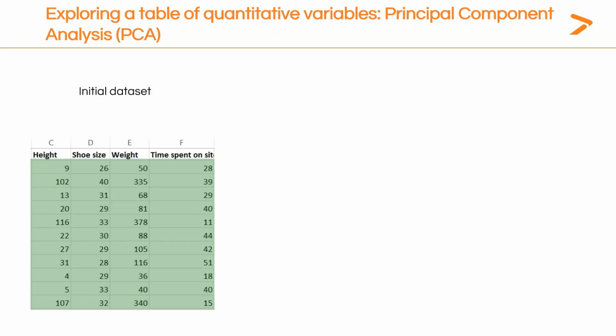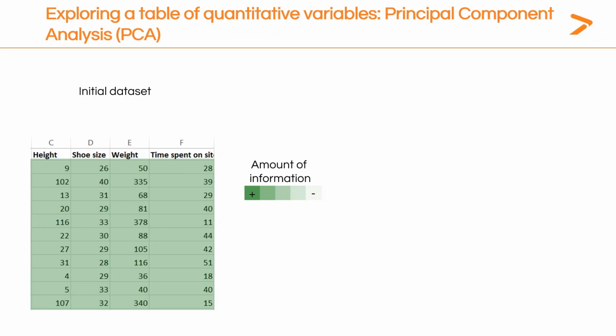So from an initial data set, imagine we have a data set which hides information a little bit everywhere, but you don't really know where the information is. So you just consider that the information is homogeneously spread inside the data set.